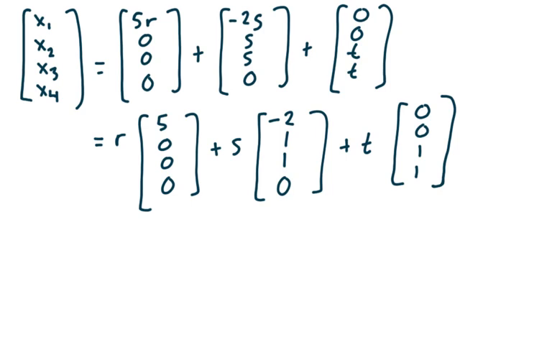This is the column vector (5r, 0, 0, 0), plus the column vector (-2s, s, s, 0), plus the column vector (0, 0, t, t). And so this is r times the column vector (5, 0, 0, 0), plus s times the column vector (-2, 1, 1, 0), plus t times the column vector (0, 0, 1, 1).